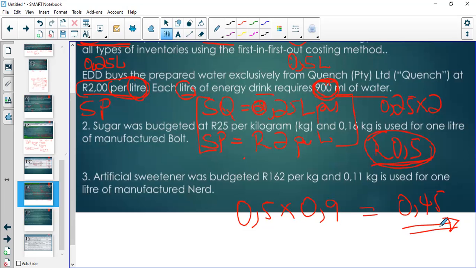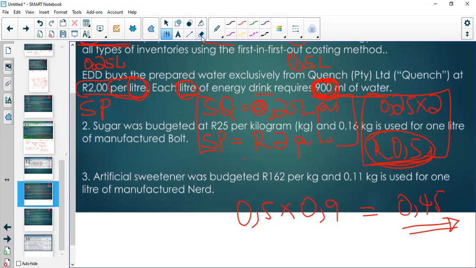You change once and you have to change again, and it's so dizzying and exhausting. Remember, we determined the cost per 1 liter of water, but we actually want the cost of 900 milliliters, because the quantity of water we put in 1 liter is 900.